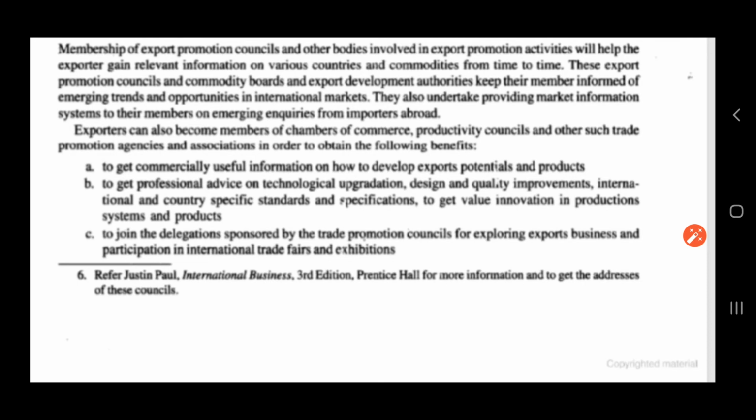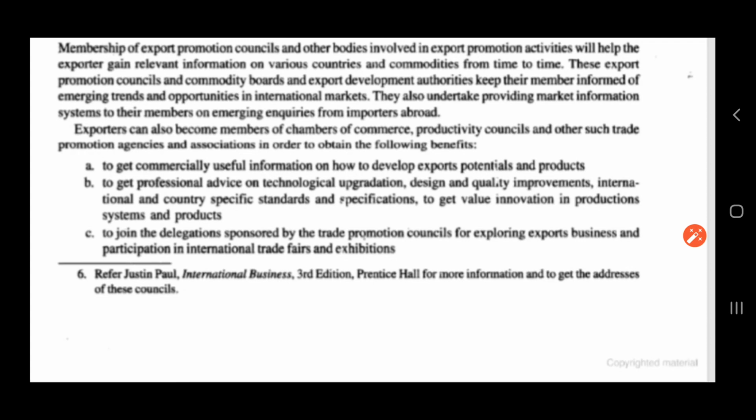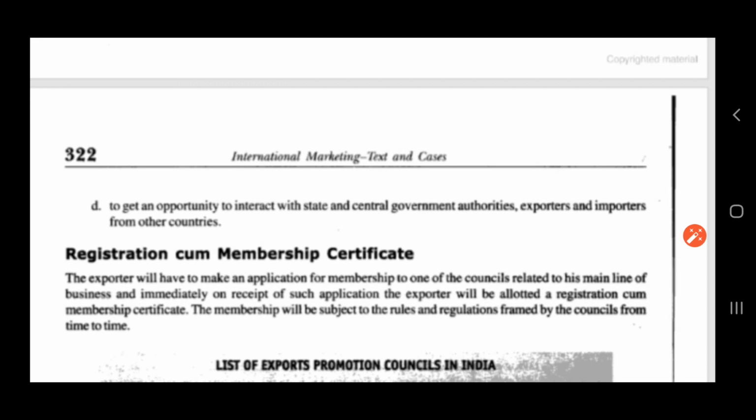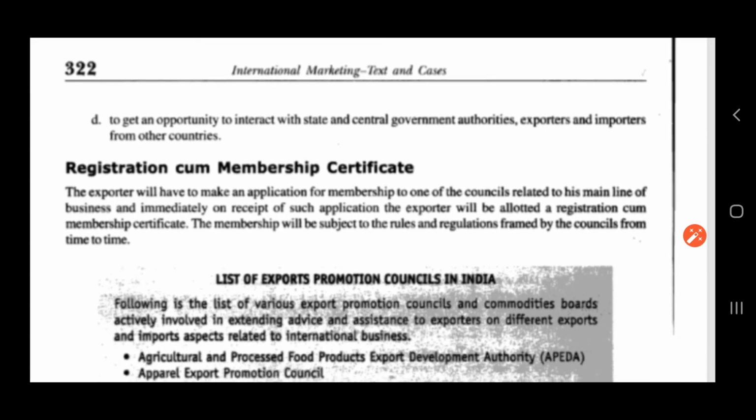And if the firm becomes a member of chambers of commerce, the firm can join the delegation sponsored by the trade promotion councils for exploring export business and participation in international trade fairs and exhibitions. And also, the firm will get an opportunity to interact with state and central government authorities, exporters, and importers from other countries.